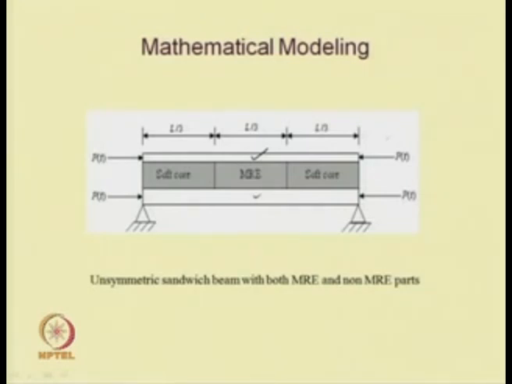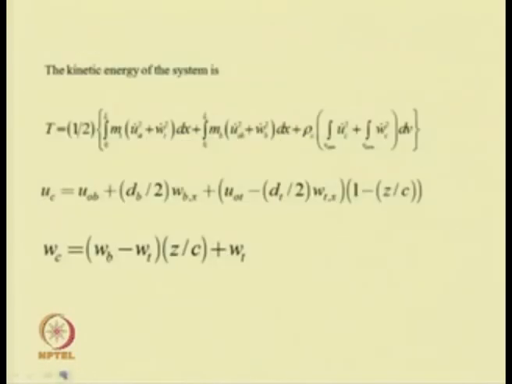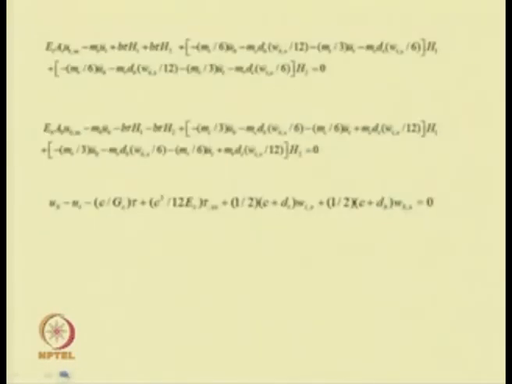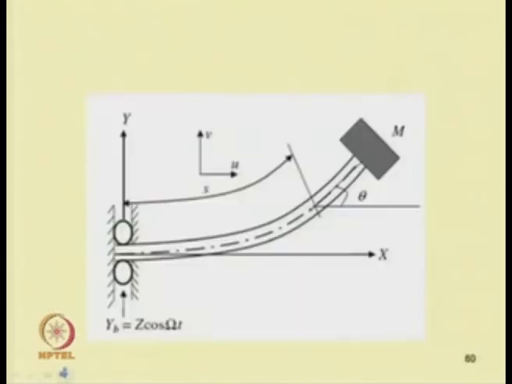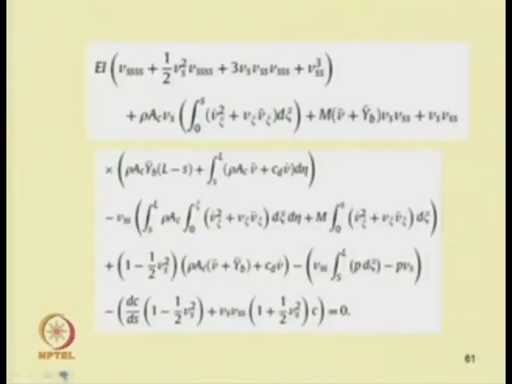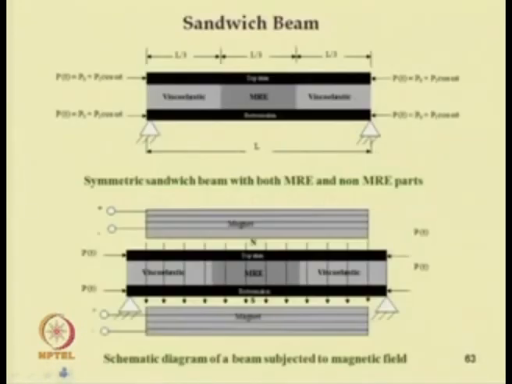So, one can take this as one exercise problem, and some other exercise problems you can also take to derive the equation of motion. Already we have seen this example. Also one can derive the equation of motion for the sandwich beam when a magnetic field is applied, by using the force due to the magnetic field.